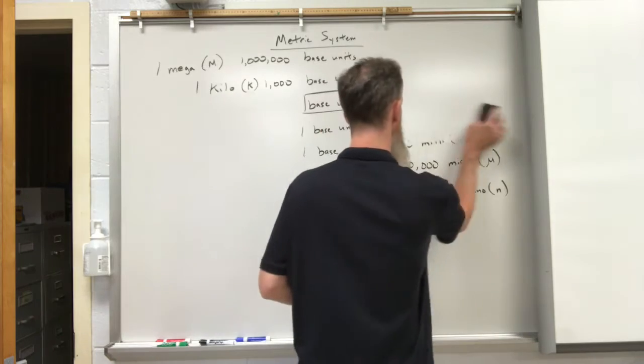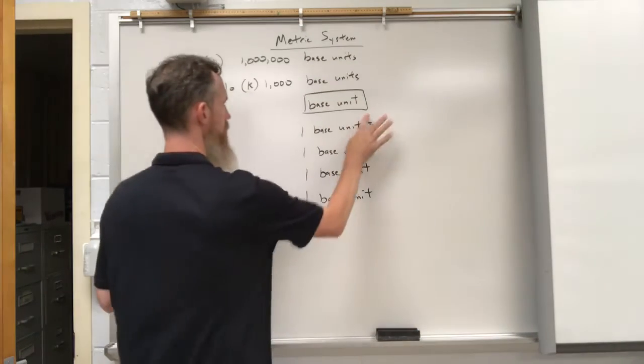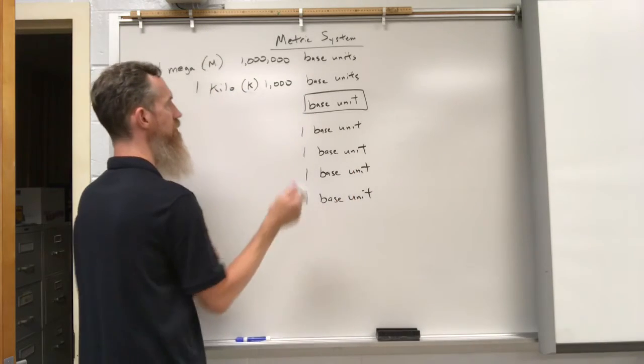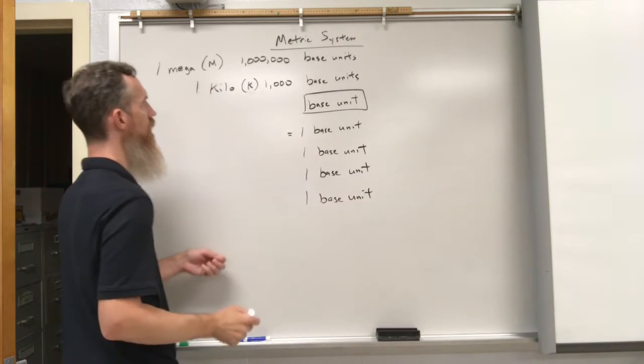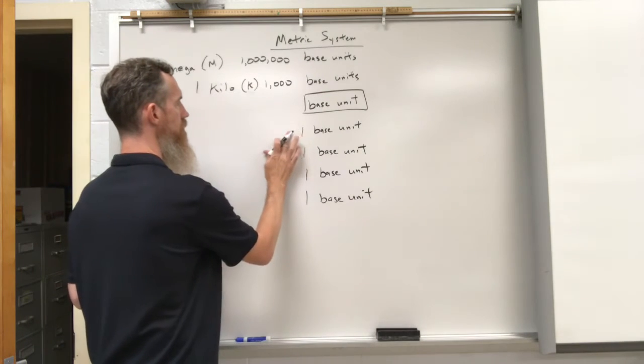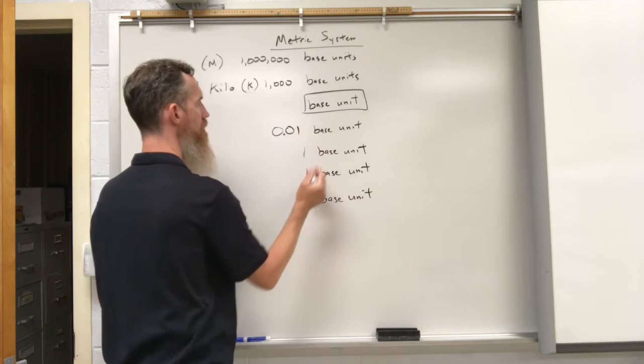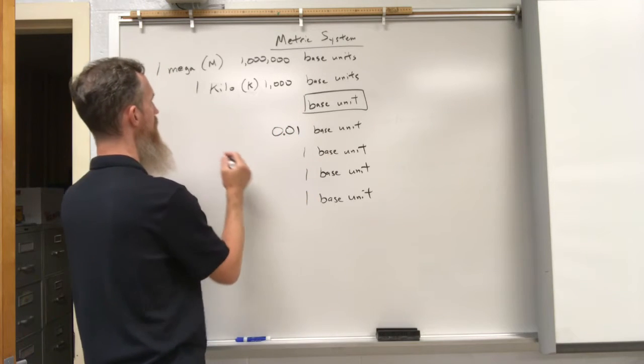For instance, they'll say that a centi is worth 0.01 base units. That's a centi.